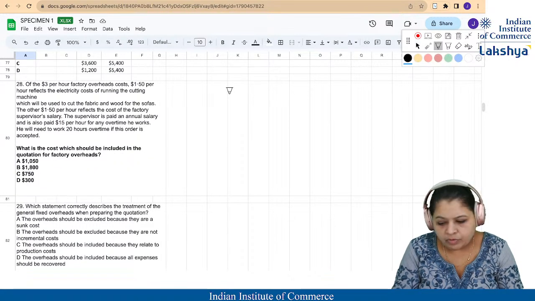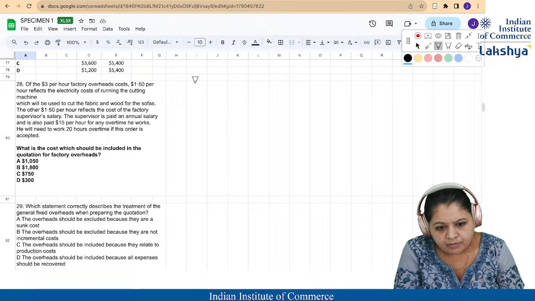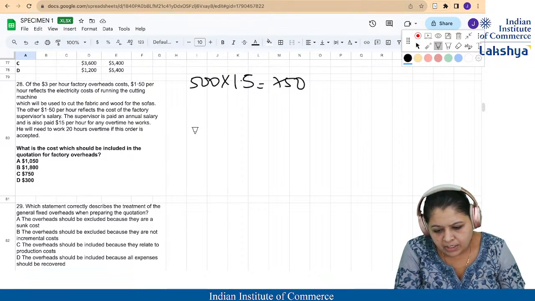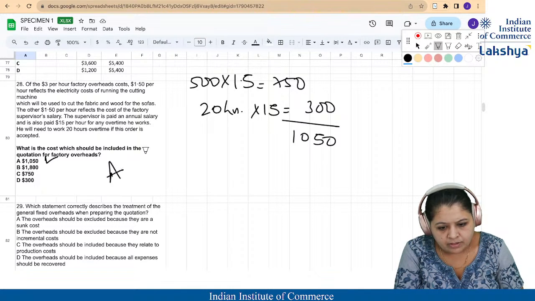So the incremental cost because of this, we're going to add up here: 500 hours times 1.5, making it 750. And the overtime spent by the supervisor for 20 hours at $15 makes it 300. So the total cost incurred here is 1,050. Your answer is A.